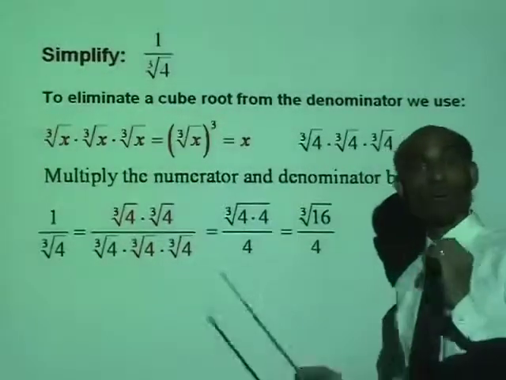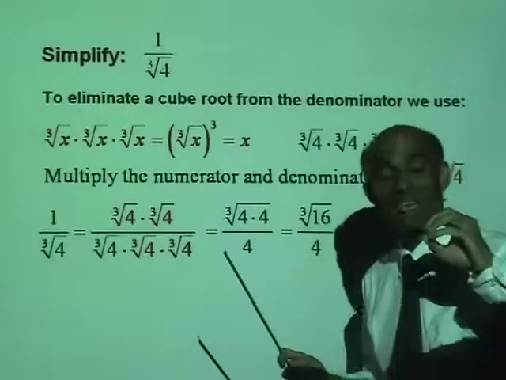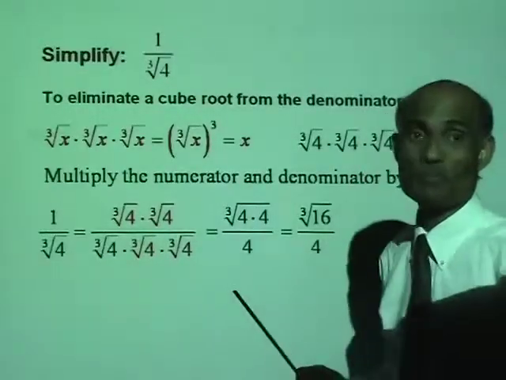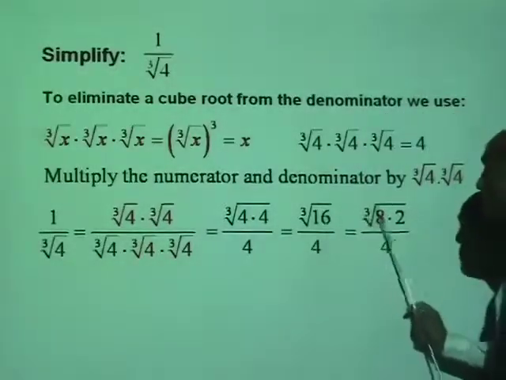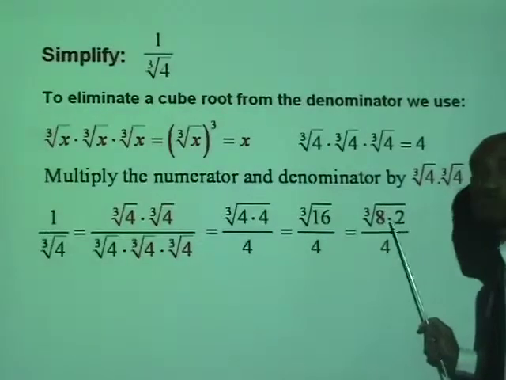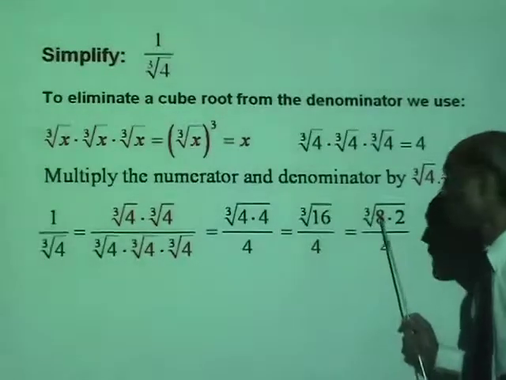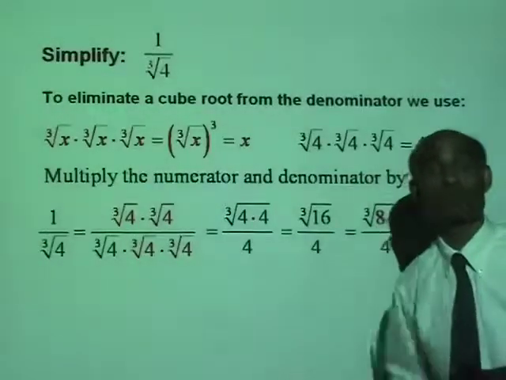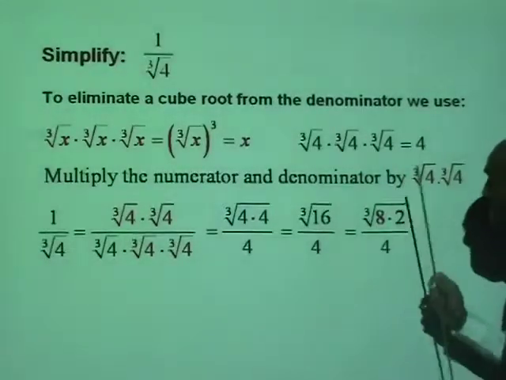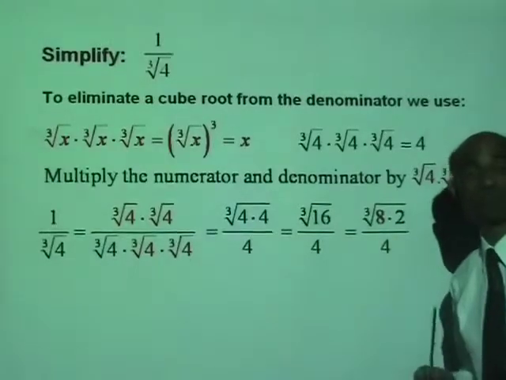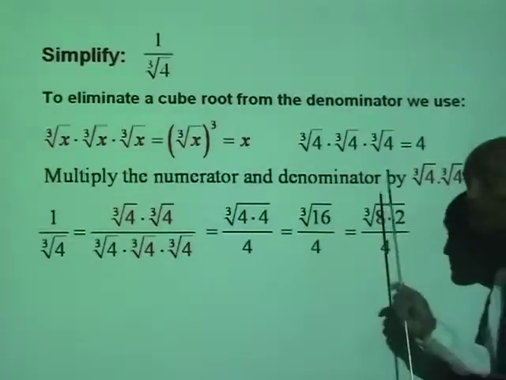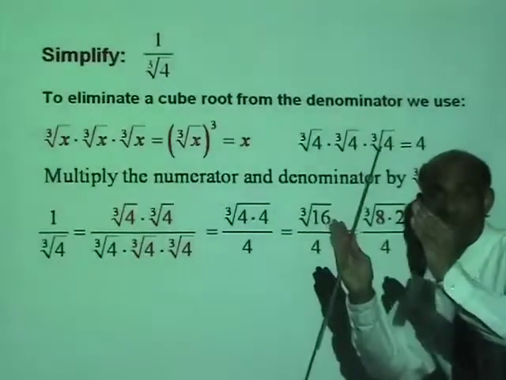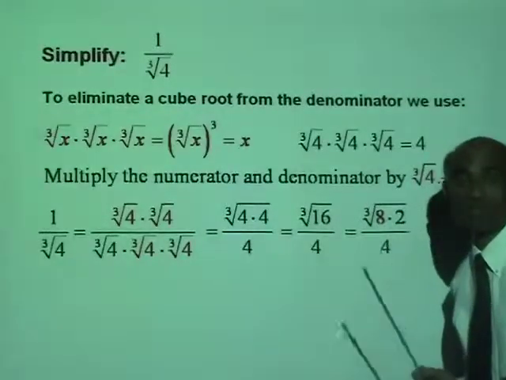Write 16 as 8 times 2. So that will be cube root of 8 times 2. You understand why we did that? Because 8 is a perfect cube. Okay, in that case, tell me what is our next step? Our next step is split the numerator into 2 pieces.